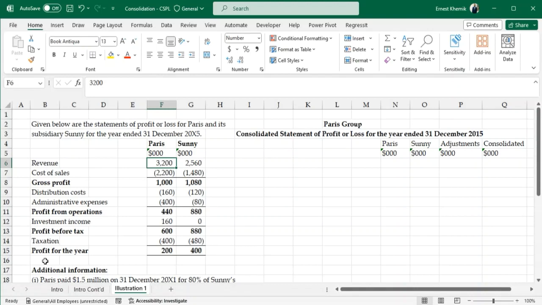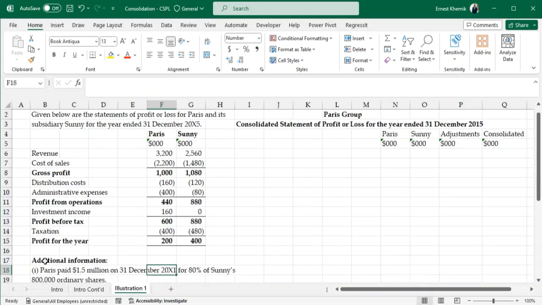So in this video, we are coming to look at a question to set ourselves running when it comes to the consolidated statement of profit or loss and other comprehensive income. We have a group here, and we have the financial statements relating to two entities, Paris and Sunny, with their revenue, cost of sales, distribution cost, administrative expenses, investment income, and taxation.